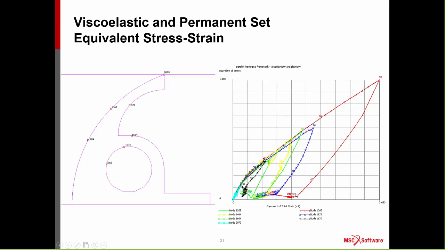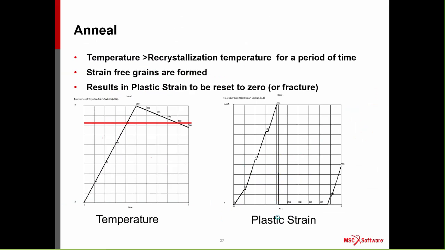We have some unloading, which is also nonlinear behavior. Then we have a certain amount of viscoelastic recovery, but we still have permanent deformation. And the more original strain there is, the more permanent deformation exists.